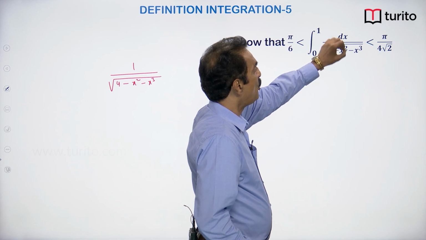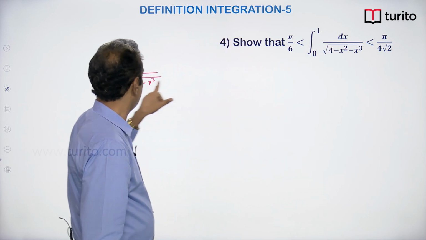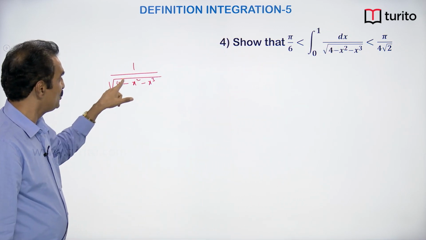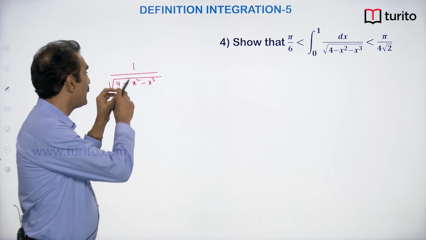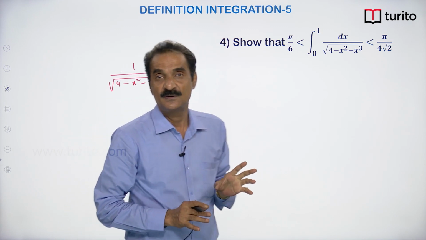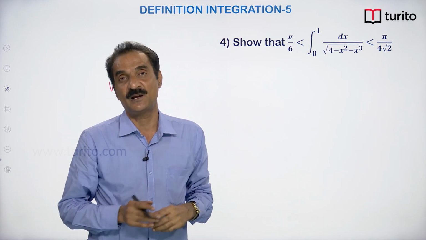No one can integrate this function when x cube is inside the square root, but we can estimate its interval. How?